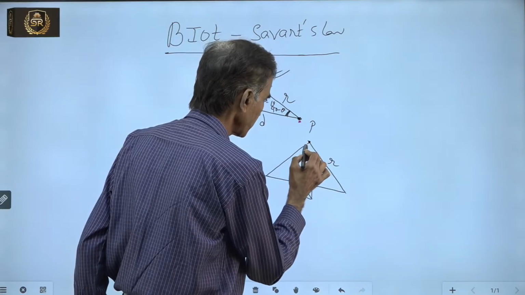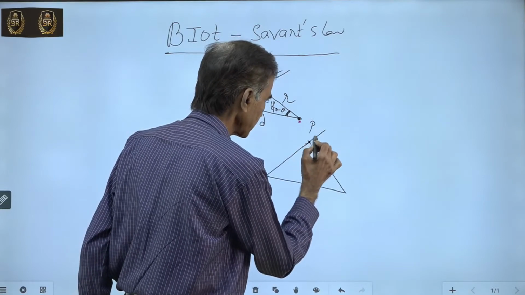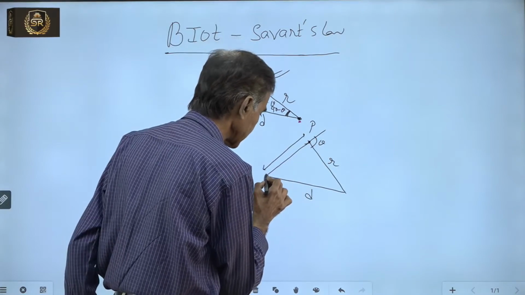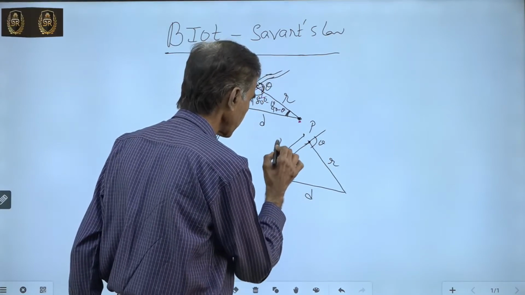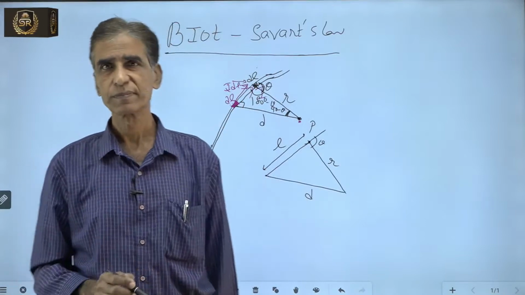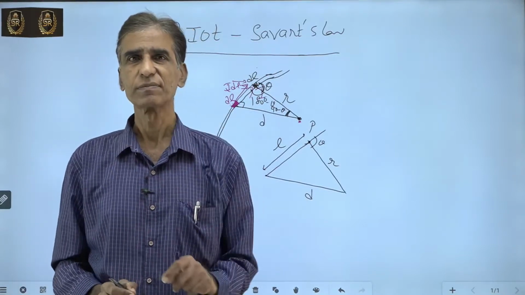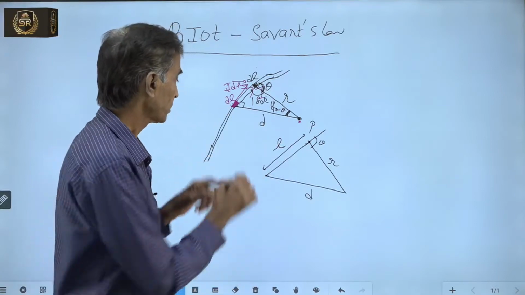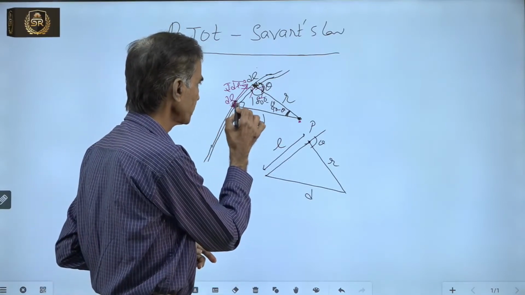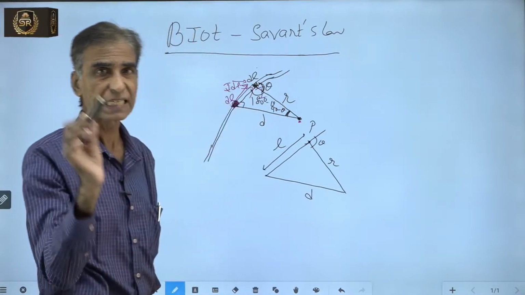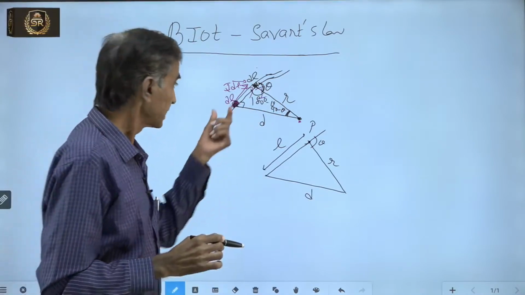This angle is theta, and this element is taken from the center of the conductor at a distance L. This is the center of the conductor. This is not the element I have taken; this is the element I have taken, and this is the center of the conductor, which is very important here.